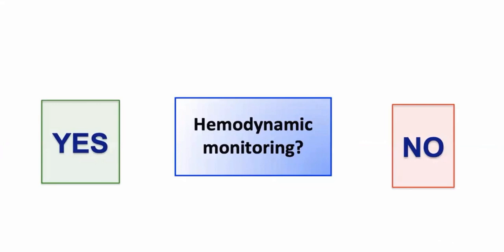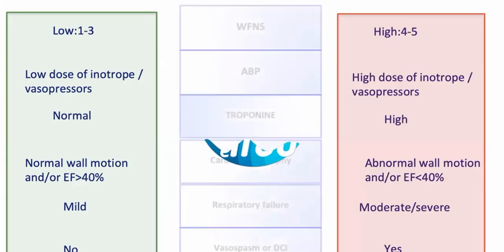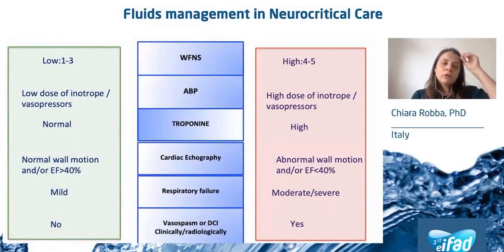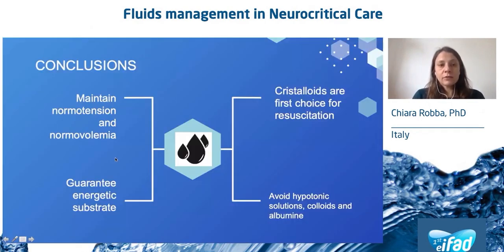And the clinical suggestion that I can give you is that the decision to put in hemodynamic monitoring together with a neurological one should be related to the clinical status of the patients, the cardiological complications, the presence of troponin, altered cardiac echography, clinical findings, and the entity of respiratory failure.